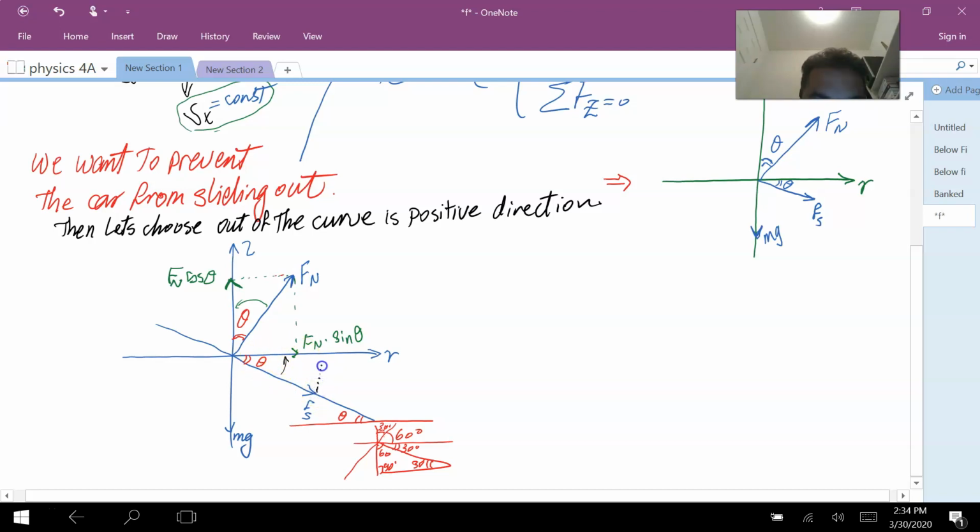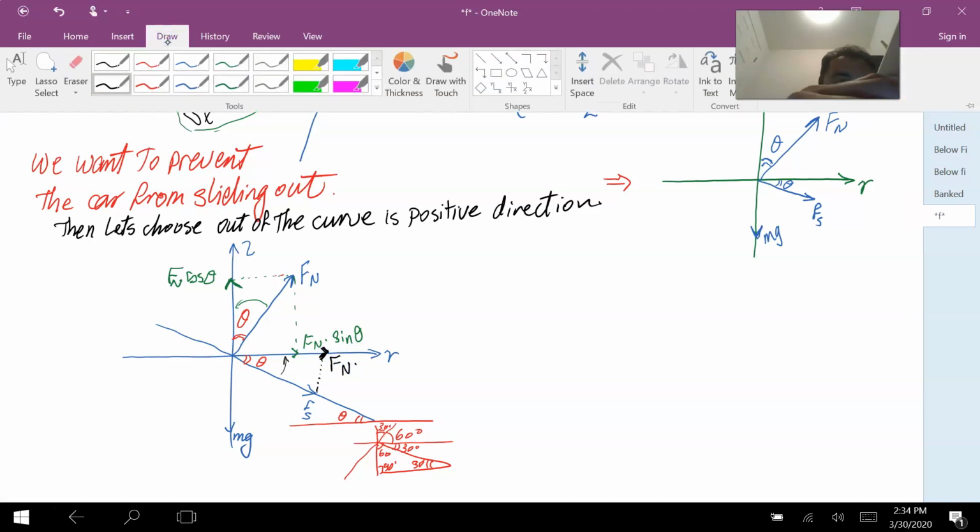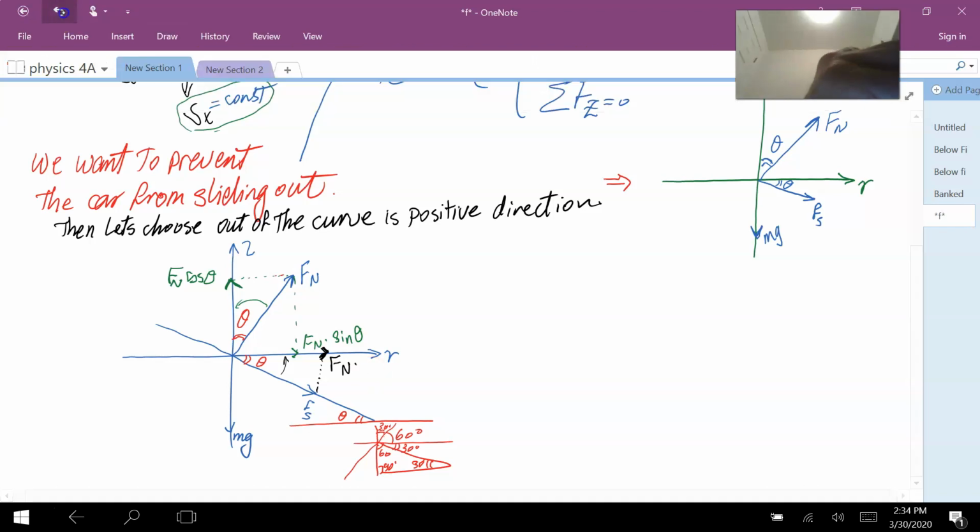Cosine loves adjacent. So this will be what? The black one will be Fn, sorry, Fs, okay.